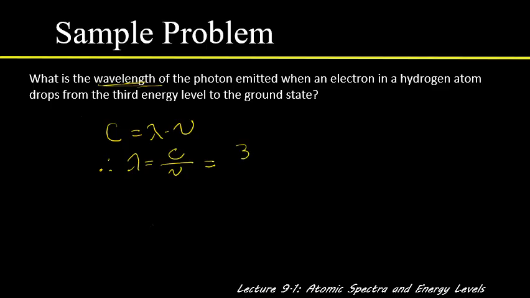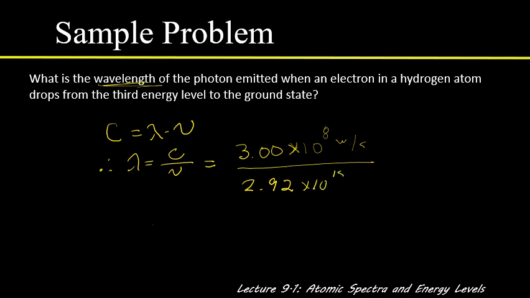This is going to give us 3 times 10 to the 8 meters per second. Our speed of light is a constant. And our frequency we just calculated as 2.92 times 10 to the 15 reciprocal seconds.